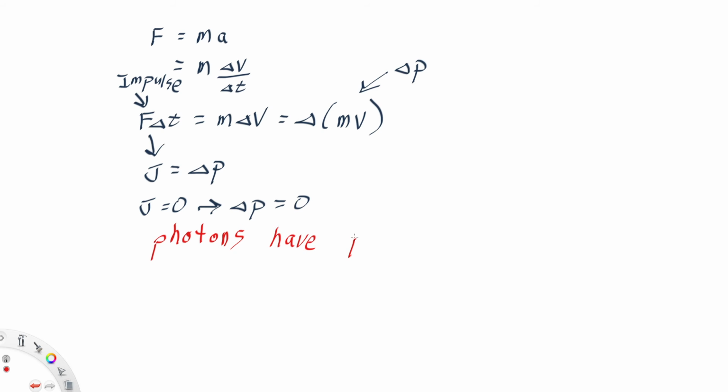But that's a little weird to think about, right? Because we defined momentum as mass times velocity. And what's the mass of a photon? What's the mass of a particle of light?